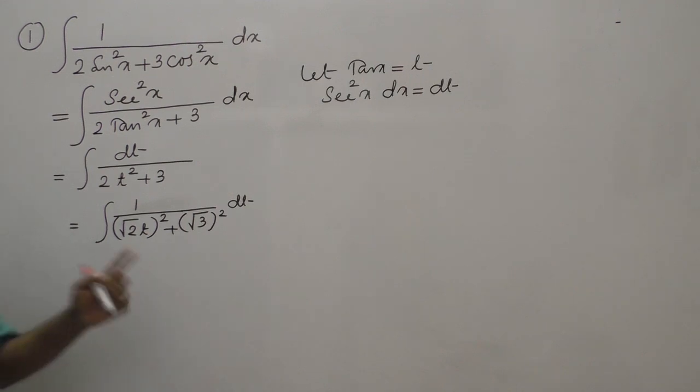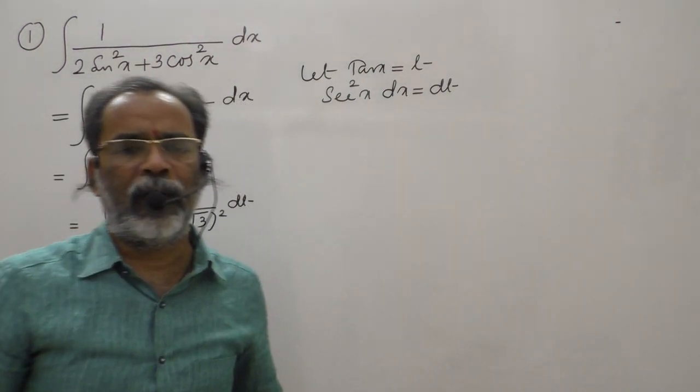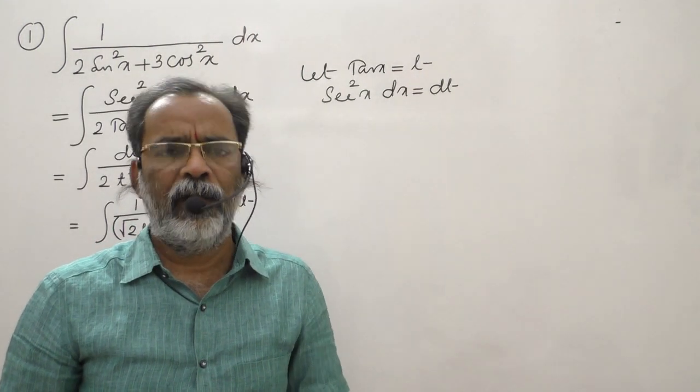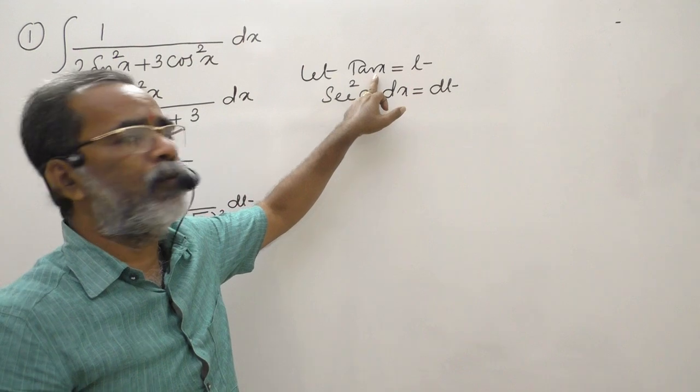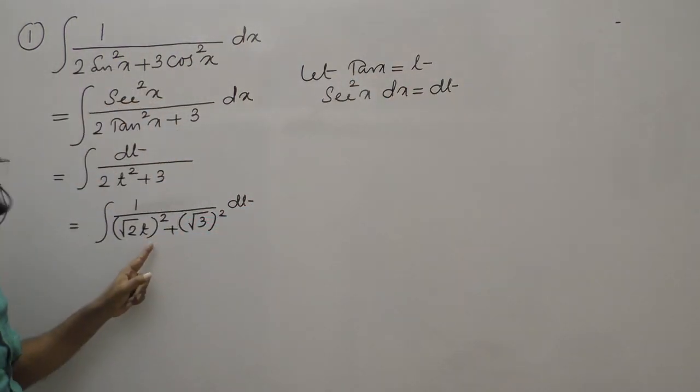See, by adopting this procedure, multiplying numerator and denominator by secant square x, then taking the substitution tan x equal to t, the given integral becomes a standard integrand.